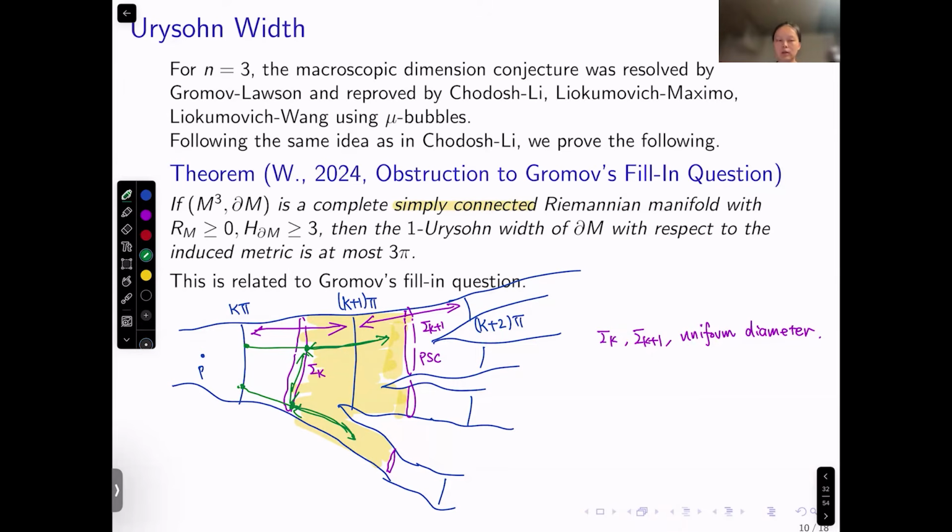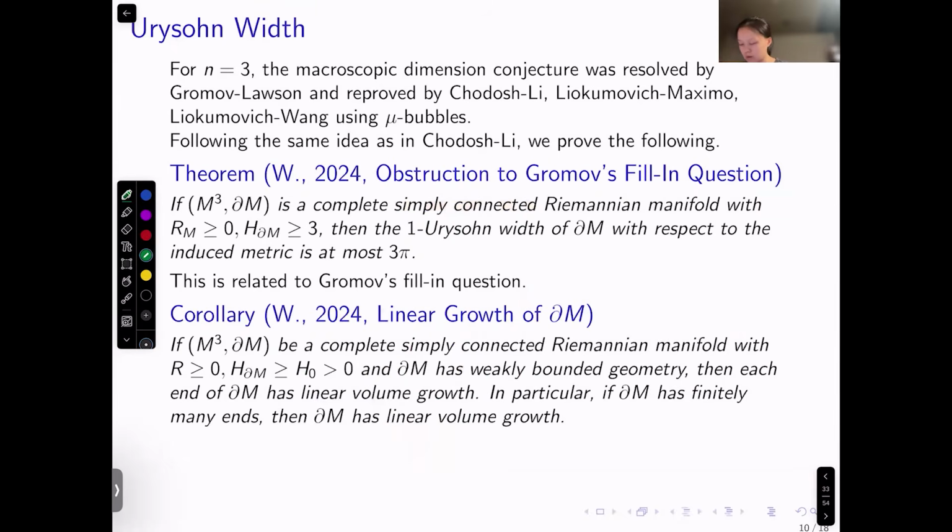And now, because each chunk has a diameter bound, if the diameter bound also implies a volume bound, then each chunk also has bounded volume. So that's the assumption we need to make, that the boundary has a weakly bounded geometry.